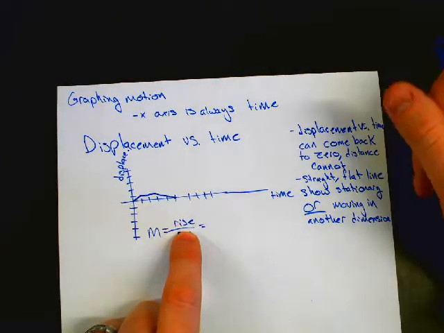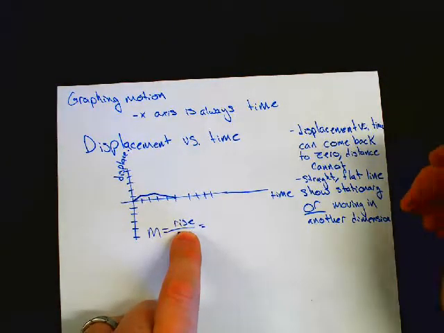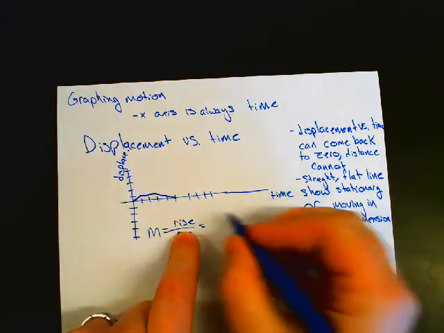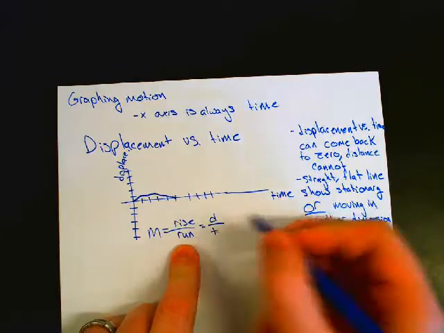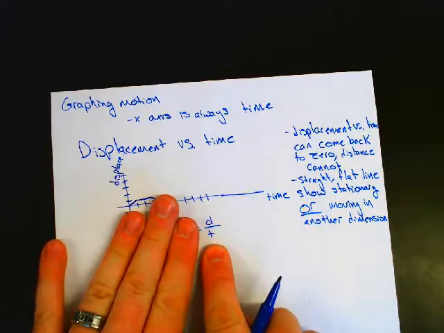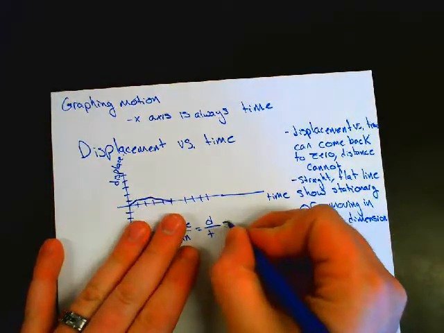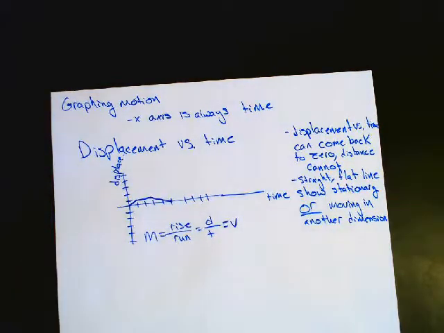Just what's the variable? Displacement. Okay, and what's run? Where have I seen that equation before? The velocity equation. It's right there. It's in the worksheet packet. So what this means is that on a displacement versus time graph, the slope is always the velocity.